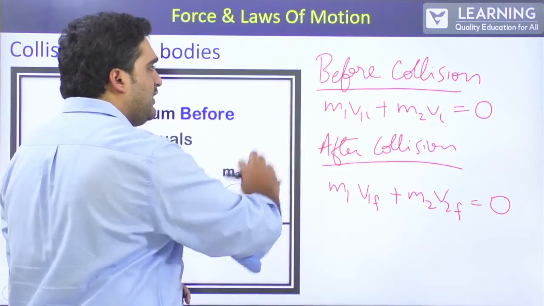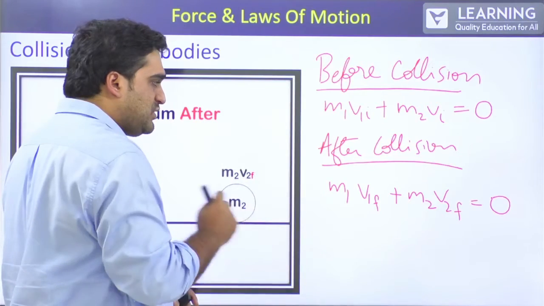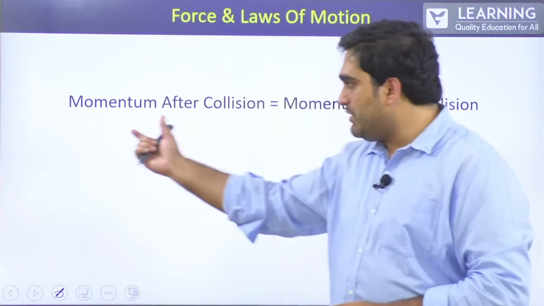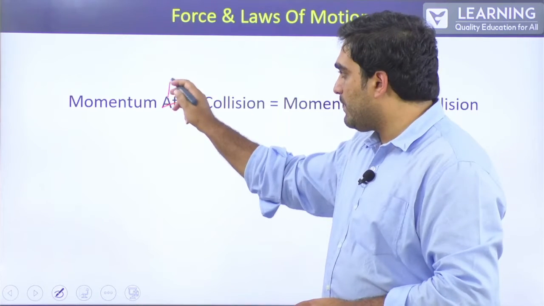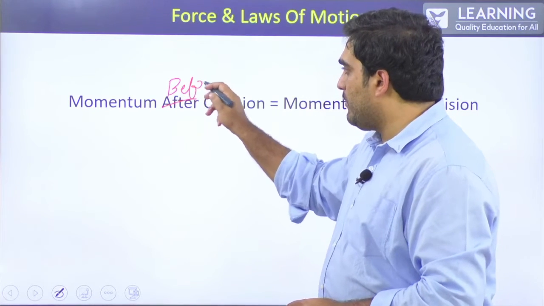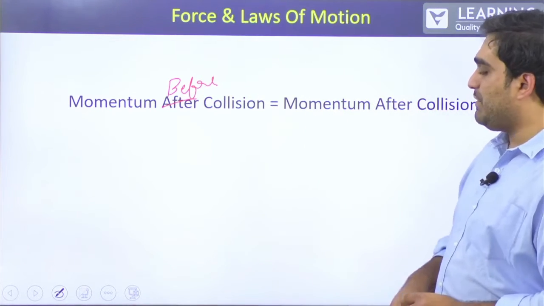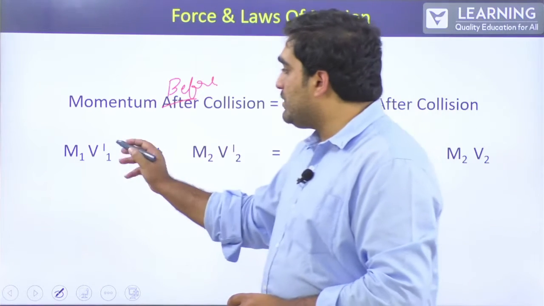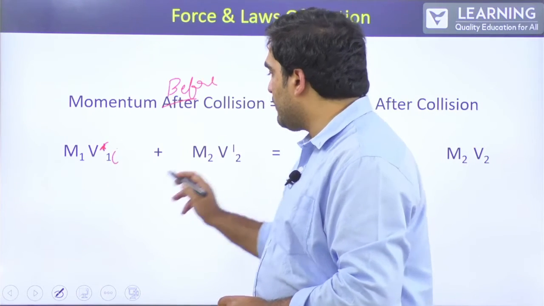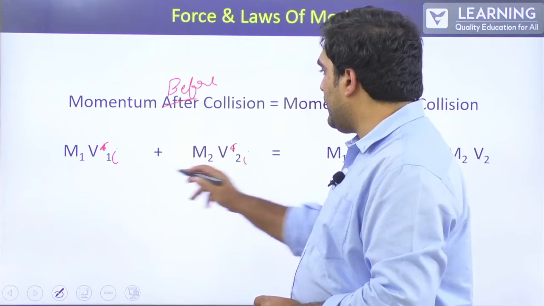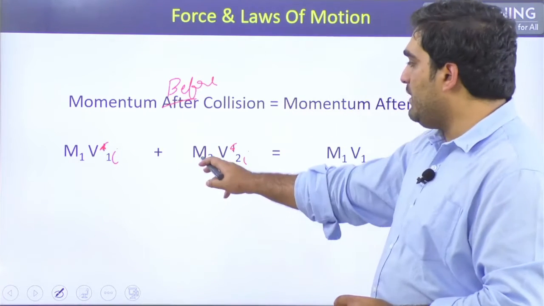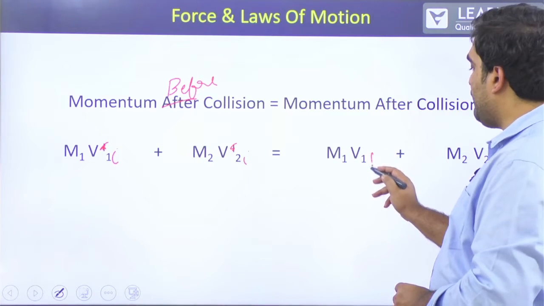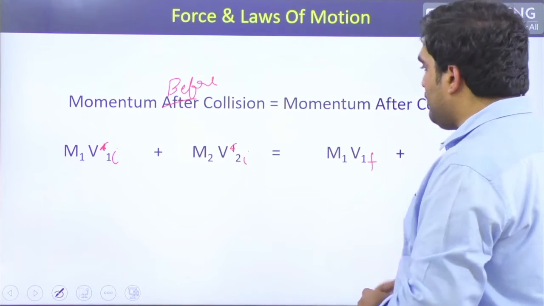Since the two are already conserved before and after collision, you can put them together in one simple format: momentum before collision equals momentum after collision. And what do we know about momentum before collision? It is m1 v1i plus m2 v2i, which equals m1 v1f plus m2 v2f.